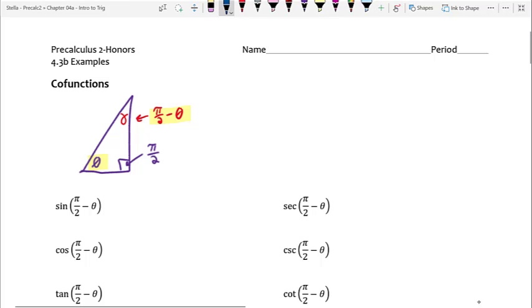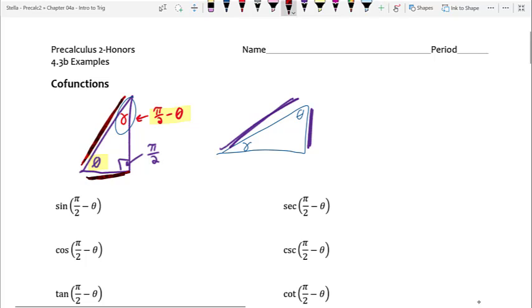Now, what you can notice about the sine of this angle, if you orient it in a way that this is angle gamma and this is angle theta, the sine of the angle gamma is equal to this side over this side. Well, in the original figure, that is the same as the cosine of theta, which is this over this.